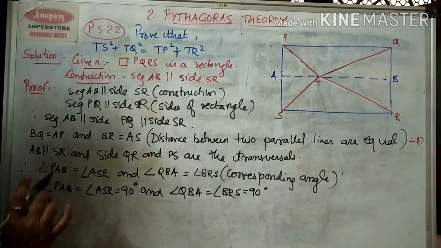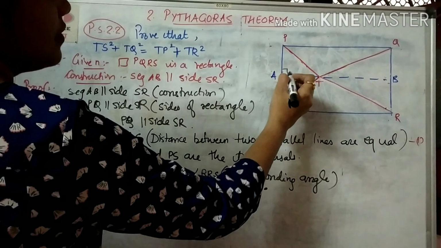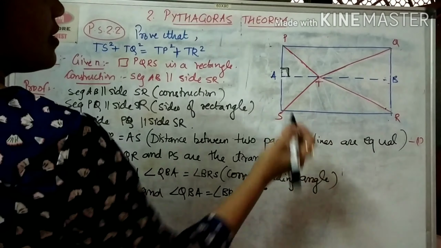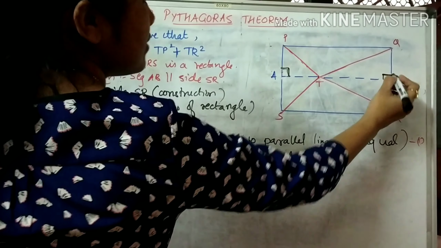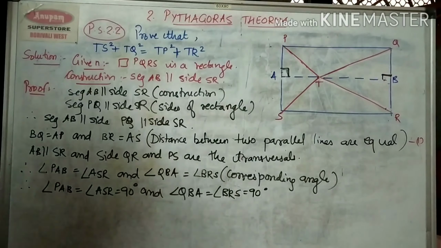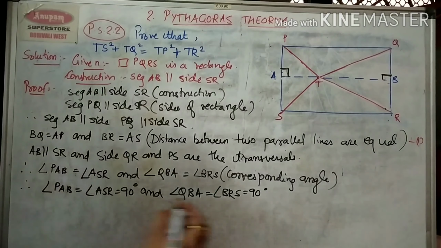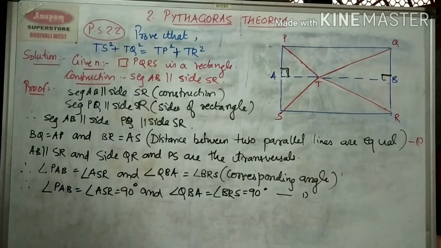So there are four angles which are 90 degrees: PAB, ASR, QBA and BRS. PAB has become 90 degrees now. ASR is 90 degrees already. QBA has become 90 degrees and BRS is always a 90 degree angle. Now you can number it as 2.